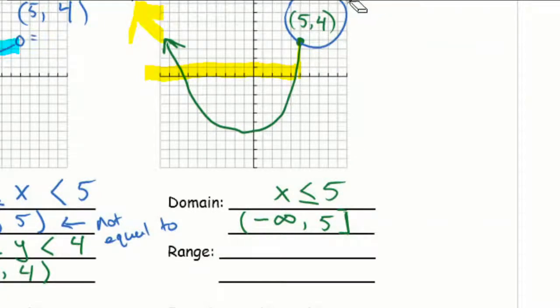So if I'm thinking what y values I'm using, I need to figure out what's going to happen on my y-axis or my vertical axis. So I'm going to go across. I'm going to use all of these points here, all of these points down here to right here. And then because this arrow is going up forever, I'm going to use all positive y values.